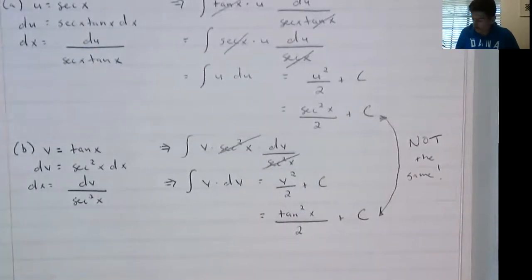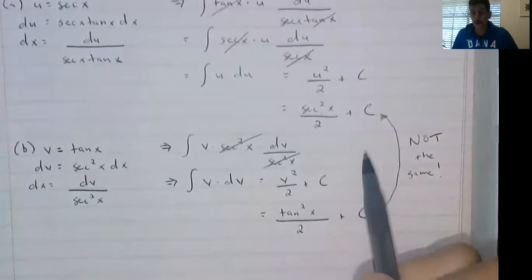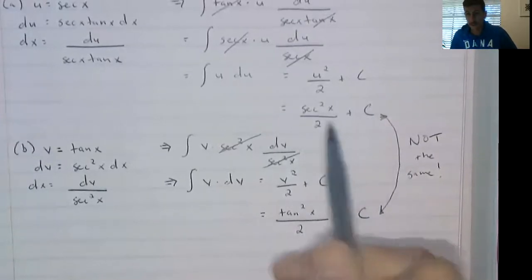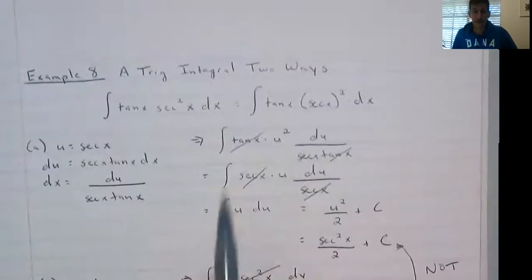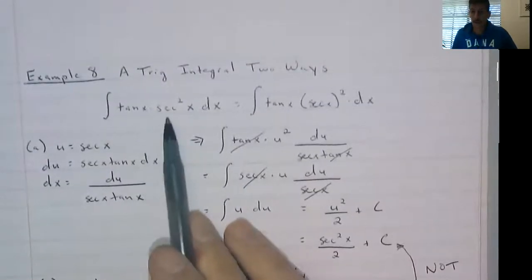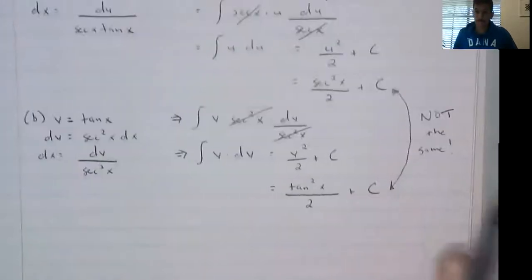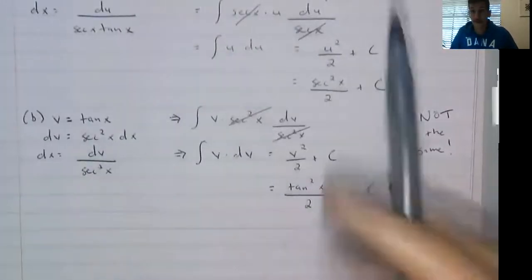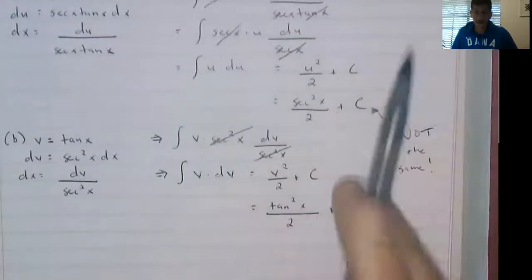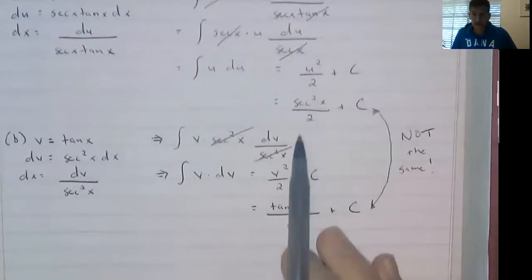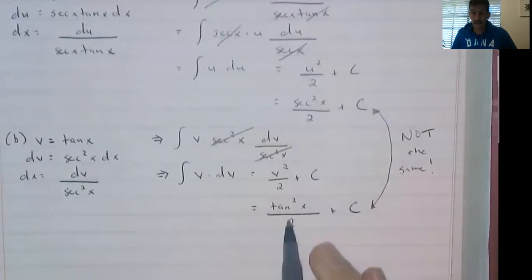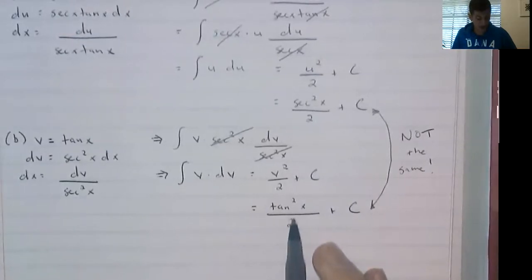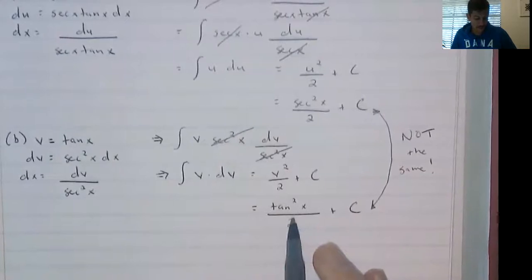And so I think probably the most direct way to show this is we're just going to differentiate both of these things and make sure that they both end up with tangent of x times secant squared x. Okay. There's also a way to show analytically that 1/2 secant squared x plus c is equal to 1/2 tangent squared x plus c, which is interesting.